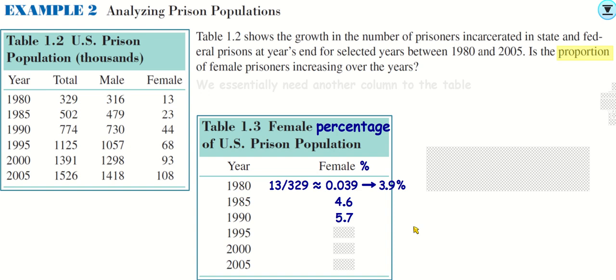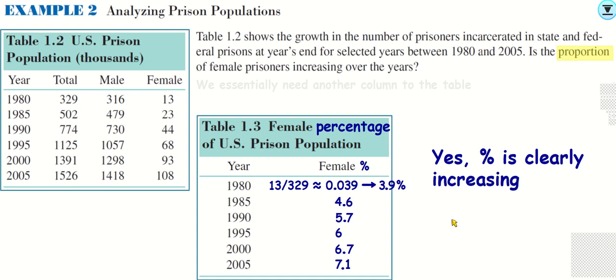Just to fast track this, if we kept that going, 23 out of 502, 44 out of 774, 68 out of, it's really the fractions or the percentages. And once you do that, then yes, it's clearly the percent or the proportion is also increasing.